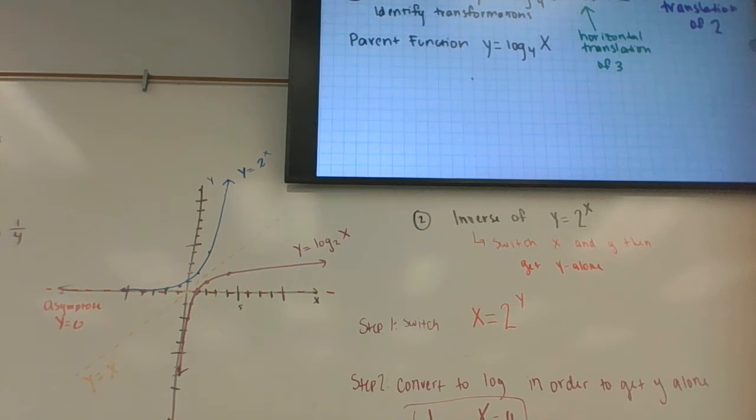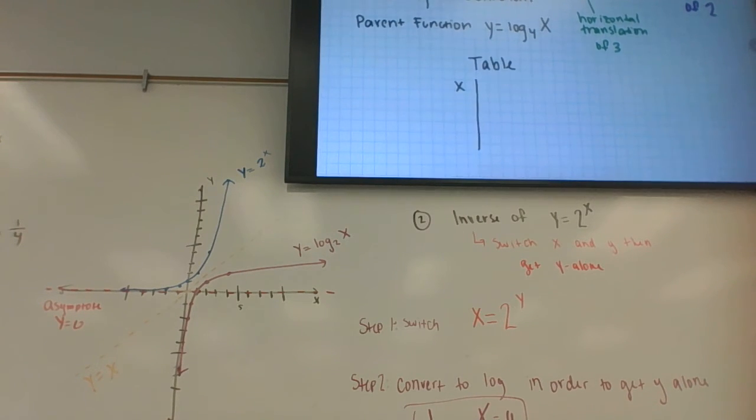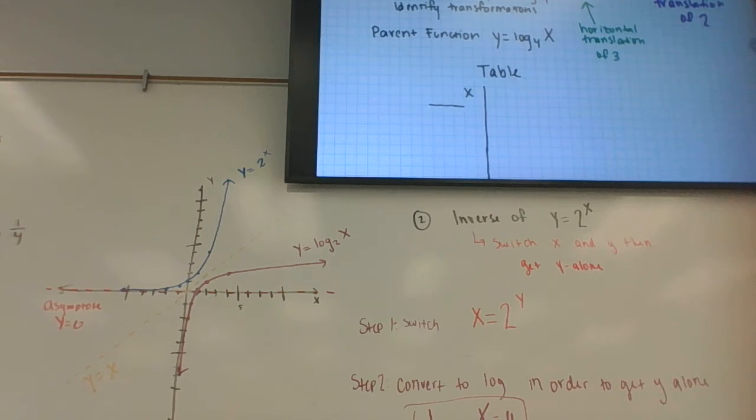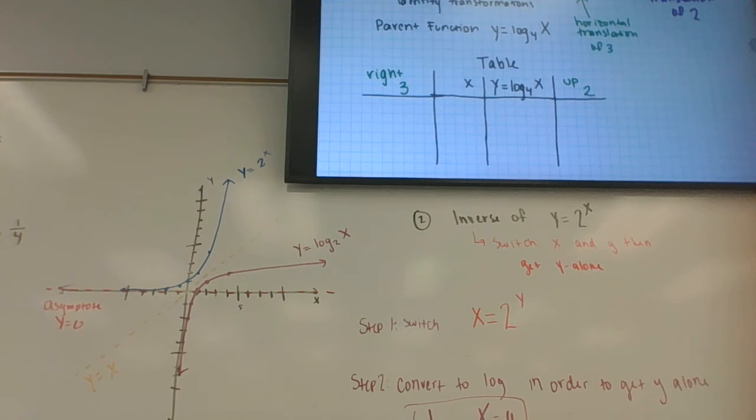So for my table, you're going to make a table for the parent function base 4.